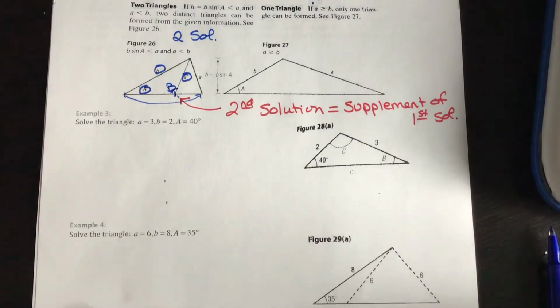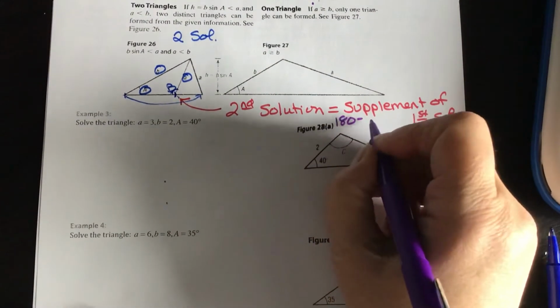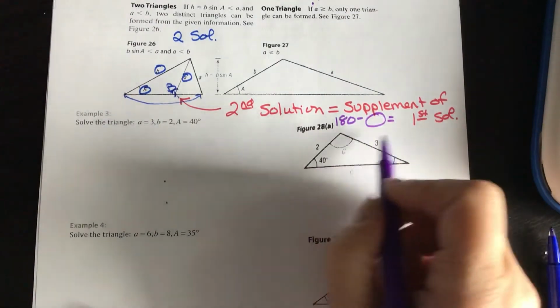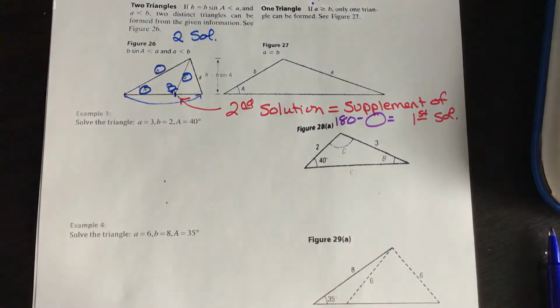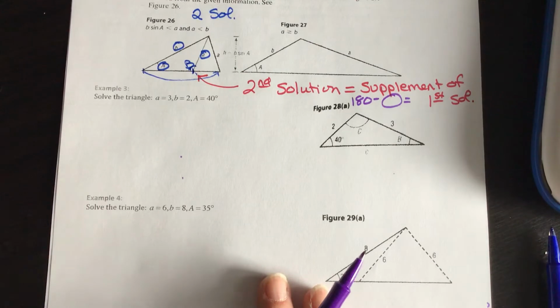So what that means is I take the first solution and subtract it from 180. And if that's possible, then there's 2 solutions. Sometimes it's not possible. And in this first example, I'm going to show you how.